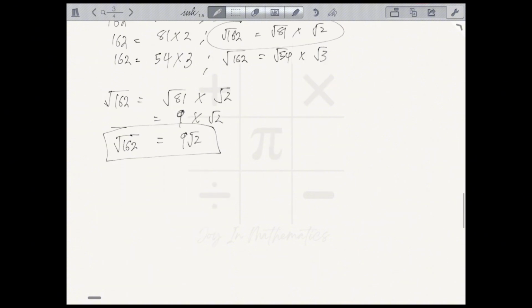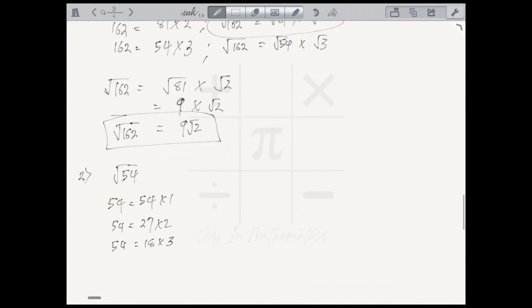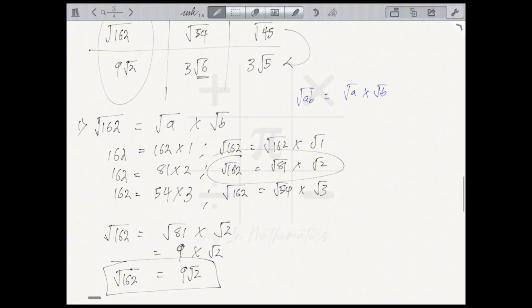Let's take the second example, root 54. Now, root 54 can be expressed in many ways. Let's begin with saying that 54 is equal to what? 54 times 1. 54 can also be 27 times 2. 54 can also be 18 times 3.